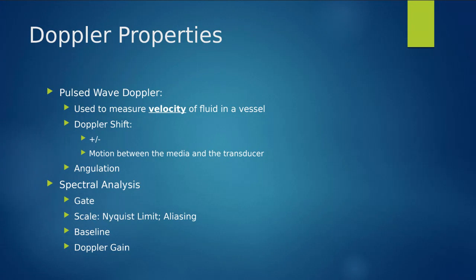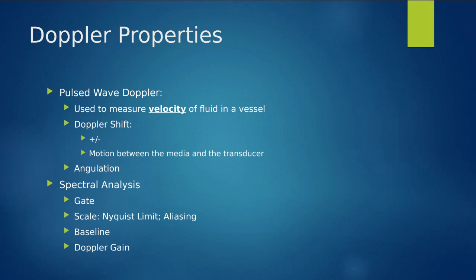If it's moving further away as it's pulsating or as it's being respiratory phasicity, then it's going to be a negative Doppler shift. Positive Doppler shifts are typically going to be displayed above the baseline on our screen. Negative Doppler shifts are going to be displayed below the baseline on our screen. So we can tell the direction depending on how this is appearing on our screen.